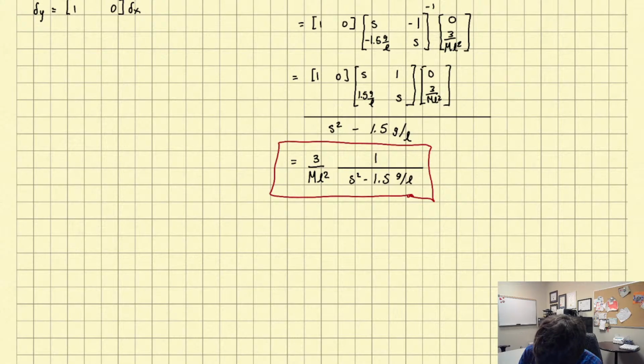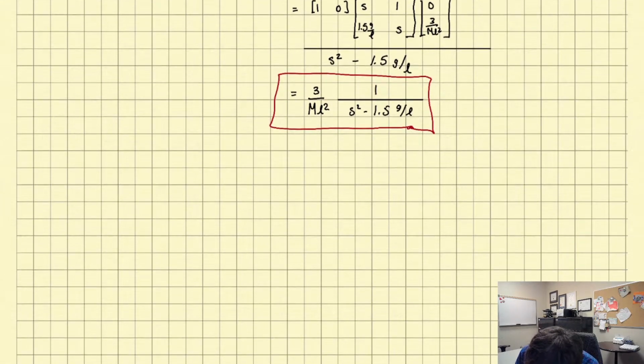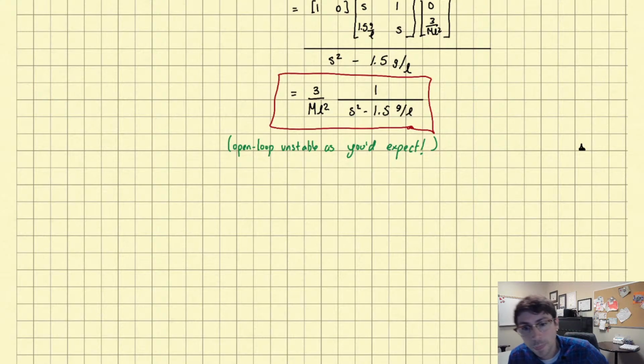So we make the observation: this is open loop unstable, as you'd expect. Okay. Pendulum will not stay upright on its own. You're going to have to do something, right? And that's where feedback will come in.